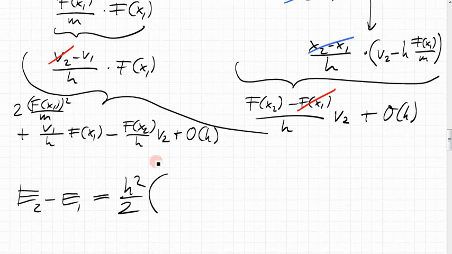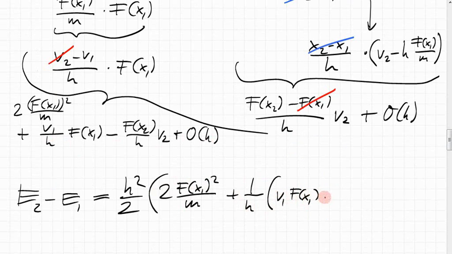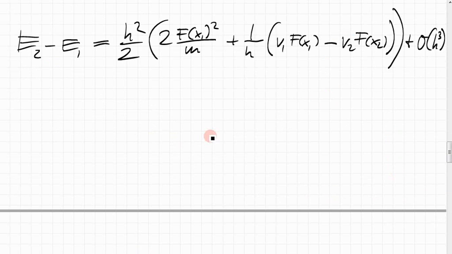So that would be this expression, 2 times the initial force squared over m plus, let me pull out the h, 1 over h, initial velocity, initial force, minus final velocity, final force, plus something of order h times h squared. So let me pull that out as plus order of h to the third power. So this is what I get for the difference in energy.